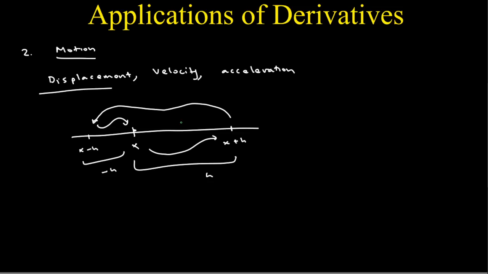You might be tempted to do h plus h plus h, because we traveled h, and then to come back we traveled 2h, and then to go to x again we traveled another h, and that would evaluate to 4h. But that is the distance we covered. Distance and displacement are defined differently.